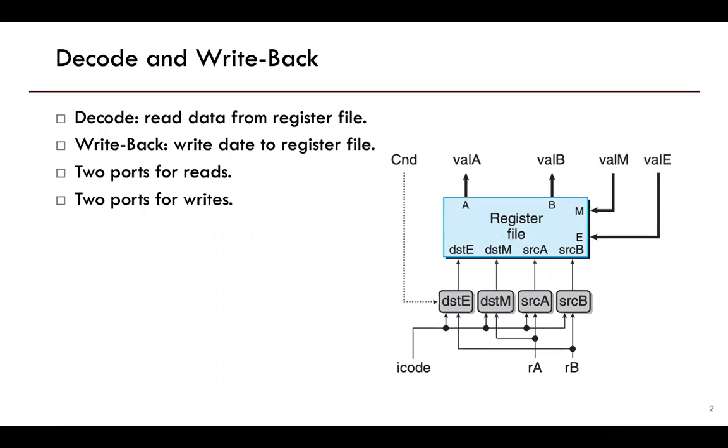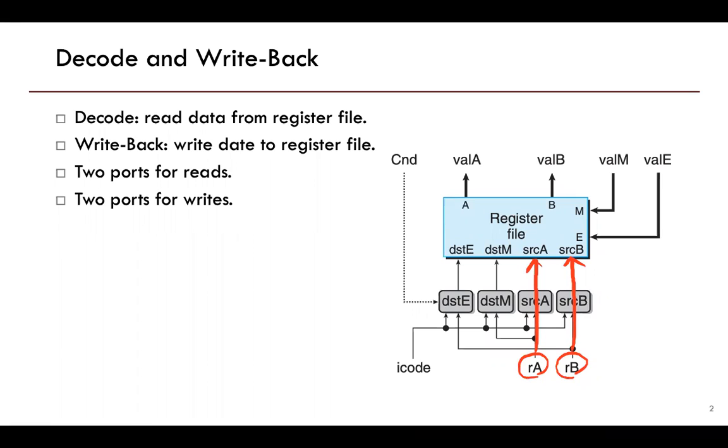But here I have a question. If we want to read the register value using the register ID, why not just use the RA and RB values provided by the fetch unit, directly going to the input ports to read the register file?